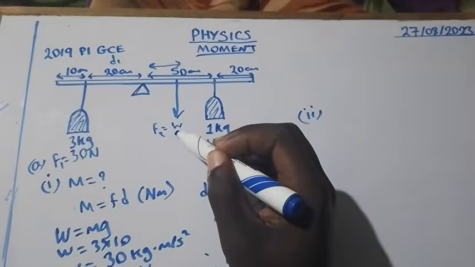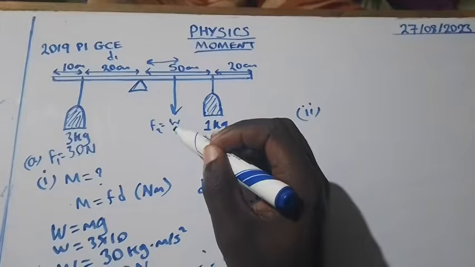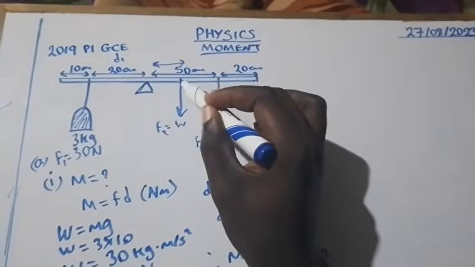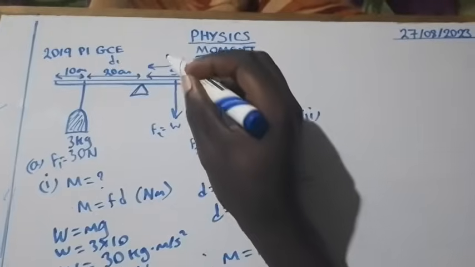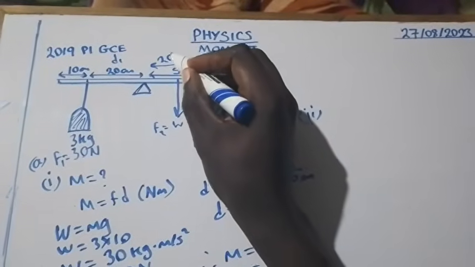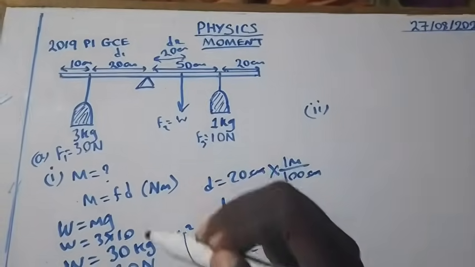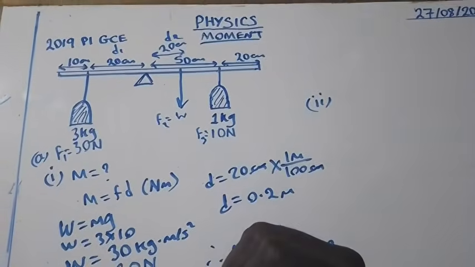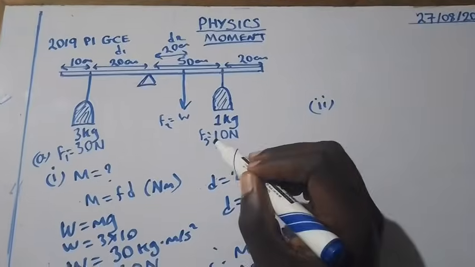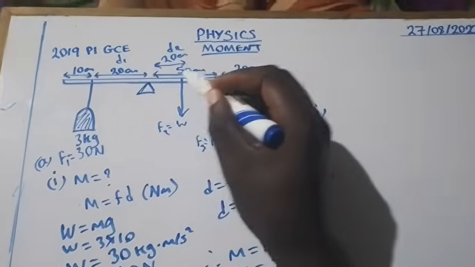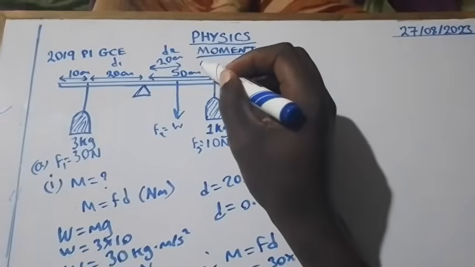And this distance is going to be, since the pivot is at 30 and our weight is at 50, so this one will be 20. It is distance 2. Okay. So F3, its corresponding distance is going to be 50, which is going to be D3.